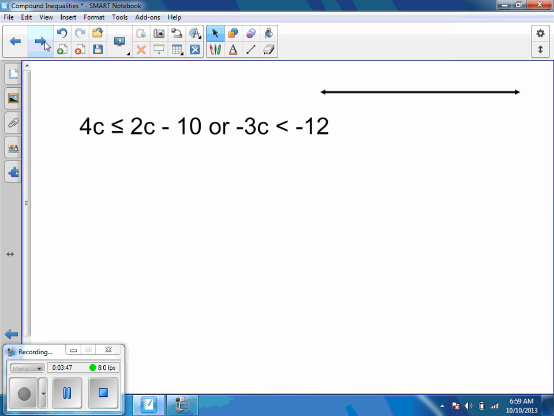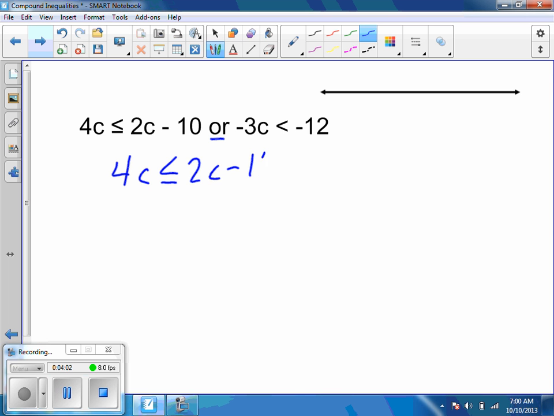Now let's look at an or. Same idea here. We can't combine an or. We don't squeeze them together because then you'd be confused with an and. So we always leave the word or there. We go ahead and solve these. Let me solve this one here. Subtract 2c. 2c is less than or equal to negative 10.